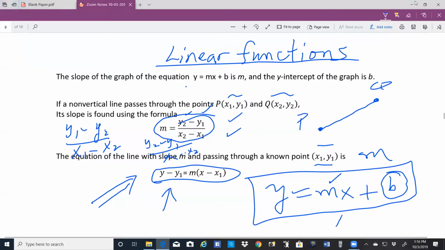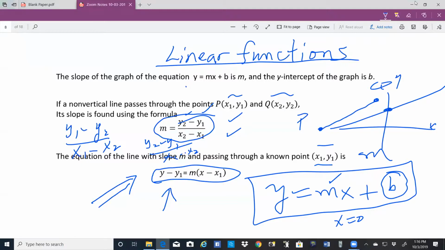In other words, where x equals 0, that's the y-intercept, the b. And with this, you can do just about anything related to a linear function. Okay. In the video, we worked a bunch of problems, given information, and just be careful, check your work.